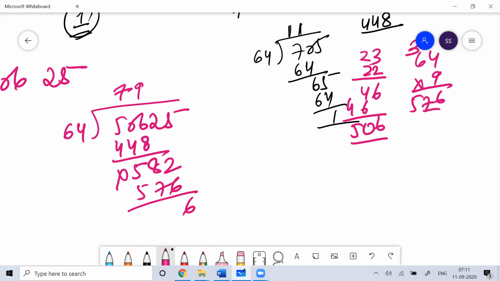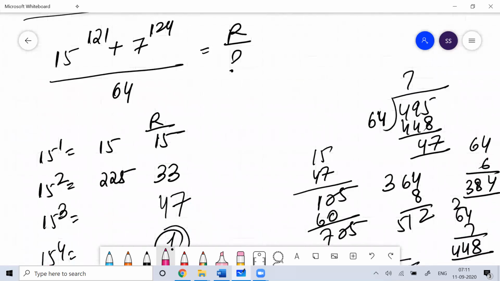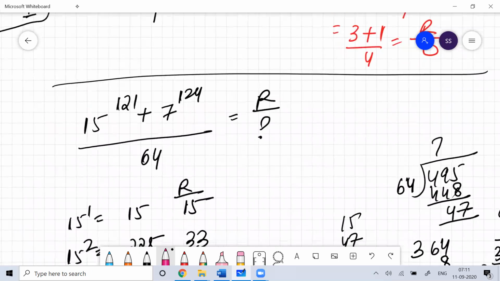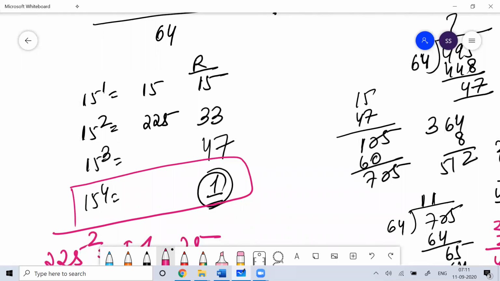The remainder is 1. That is what I was telling: 15 to the power 4 is giving you remainder 1.